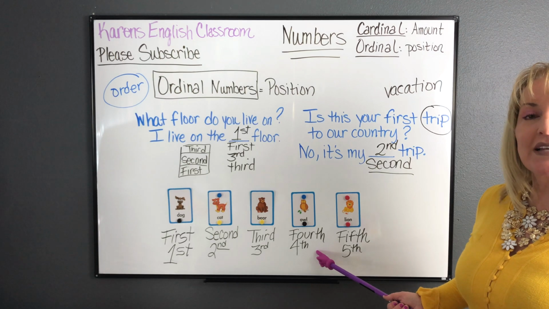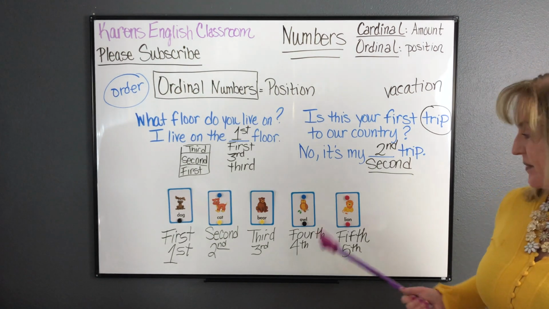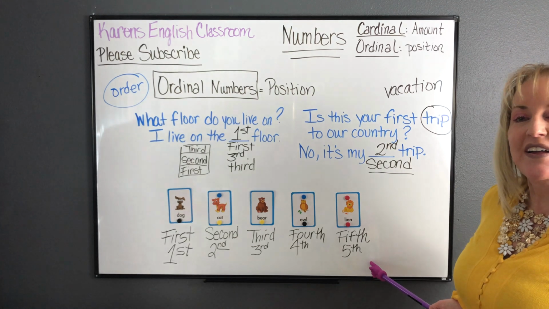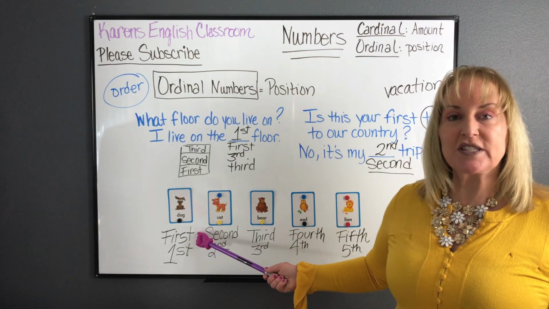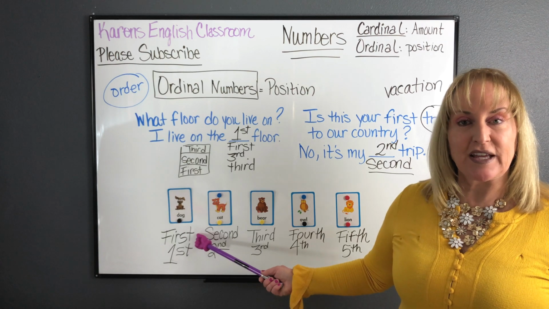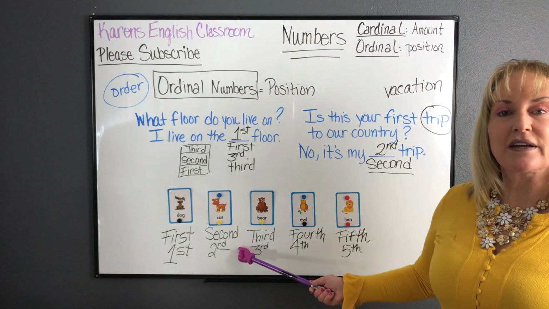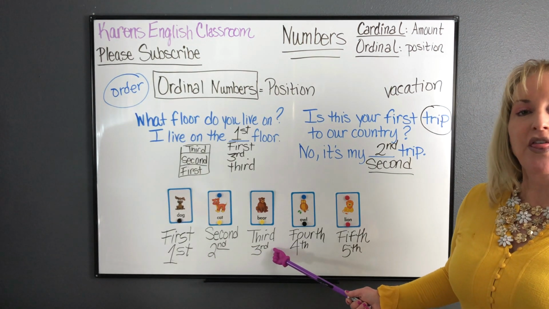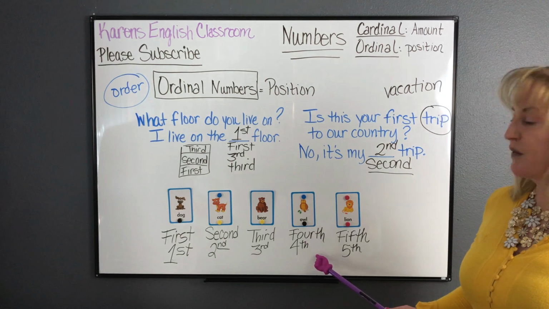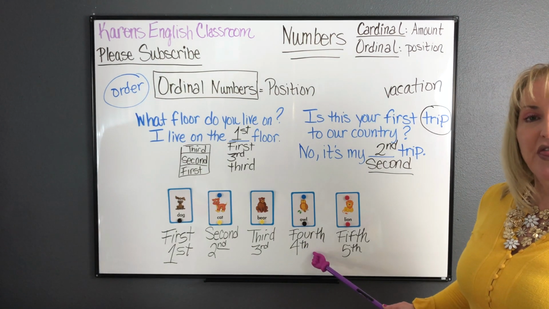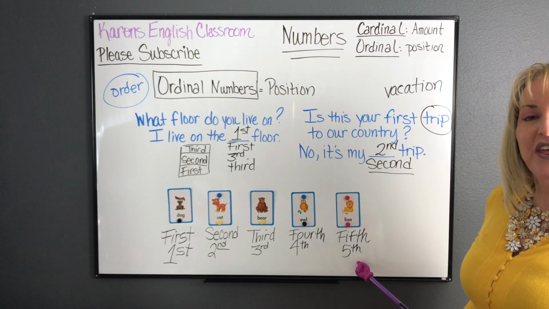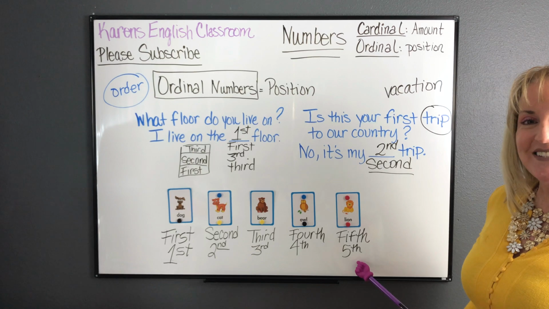The lion is fifth. So let's practice. First, second, third, fourth, fifth. Very good, class. Excellent.